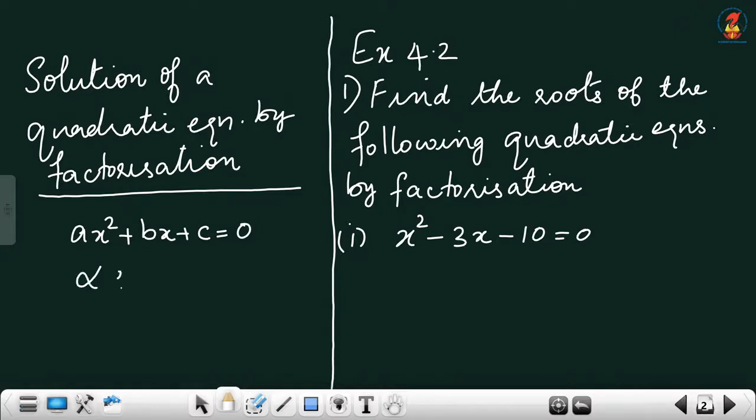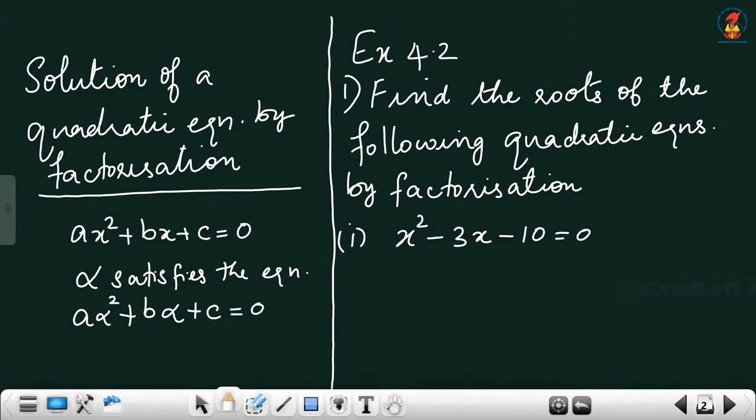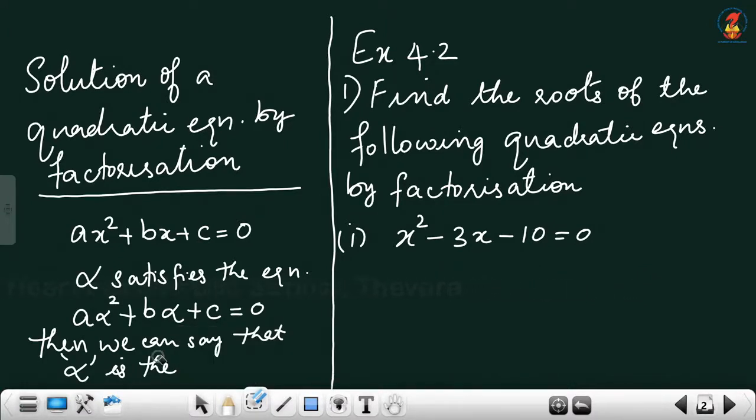If alpha satisfies the equation, means if a alpha square plus b alpha plus c equal to 0, then we can say that alpha is a solution of this equation.